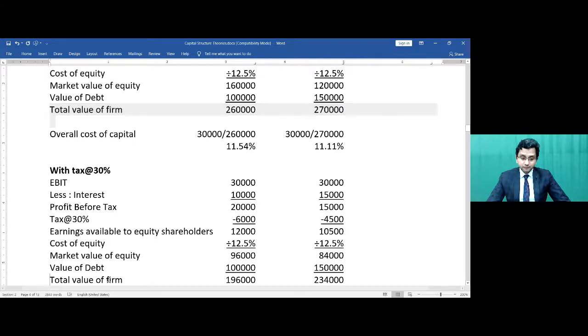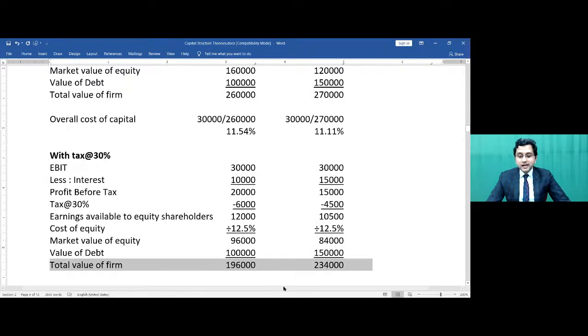But with tax, when I'm solving it, value is increasing by how much? 38,000 rupees. What does it mean? That by imposing tax, this approach is proved even better.